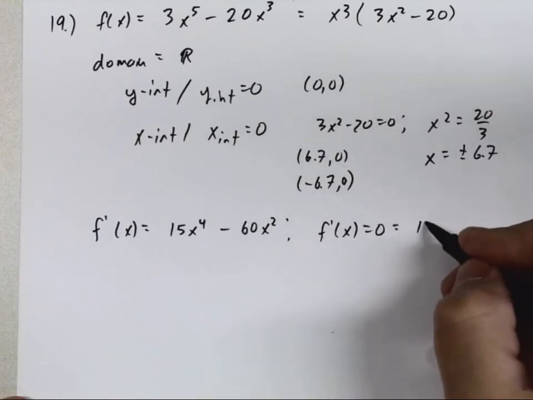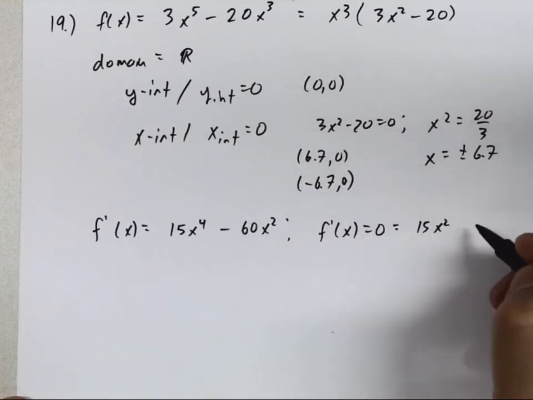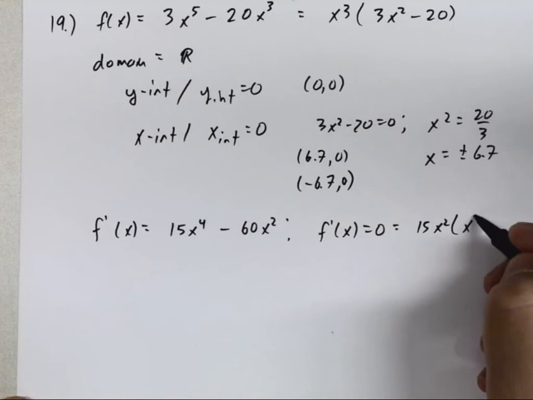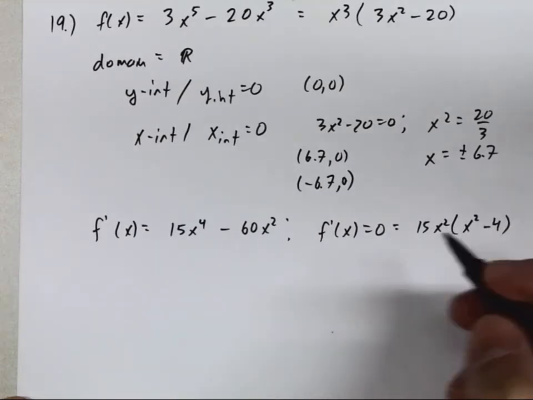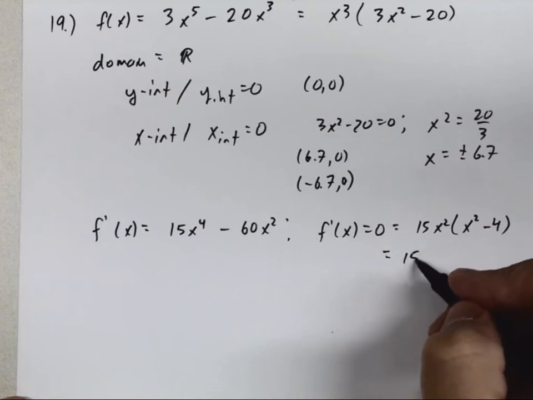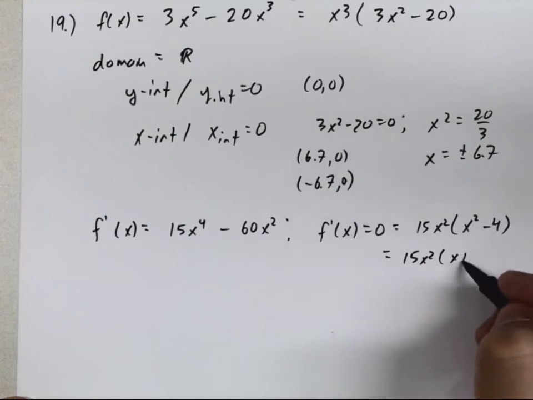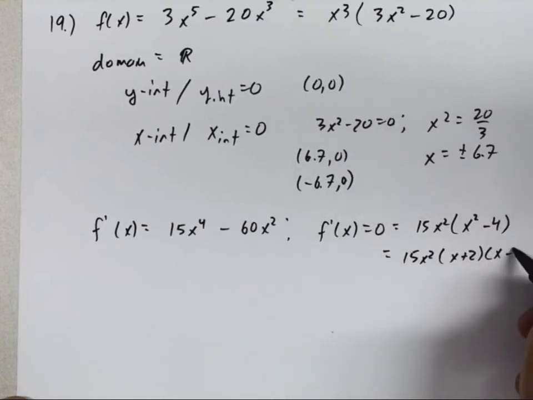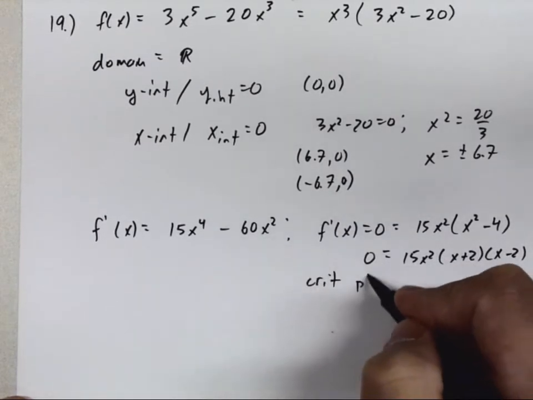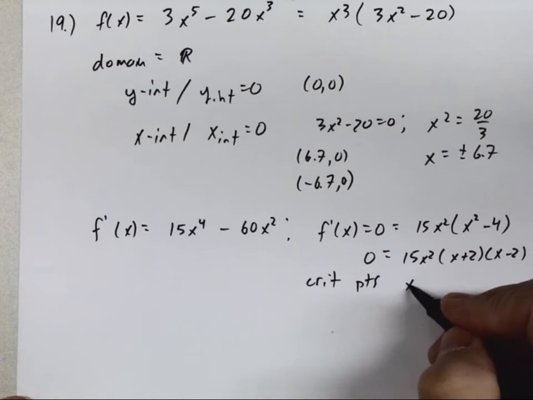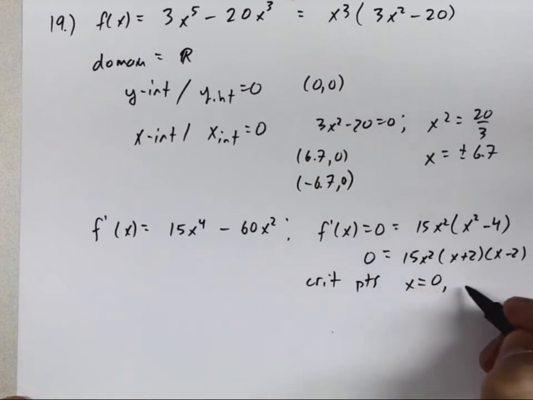I'm going to factor out a 15x squared. So I get x squared minus 4, which I can factor as a difference of squares. Looks like the critical points for the first derivative are x equals 0, -2, and 2.